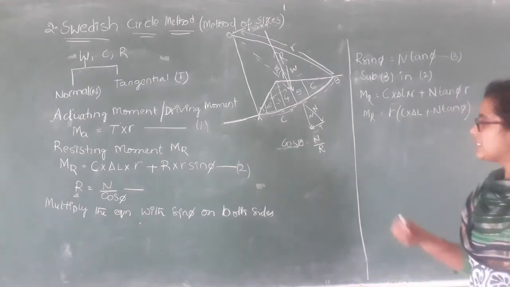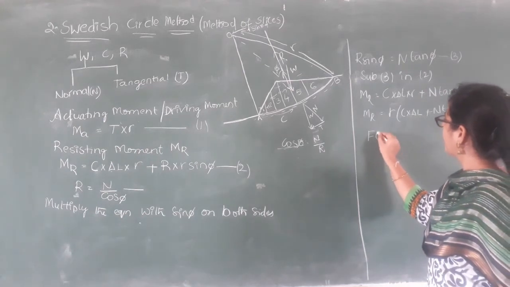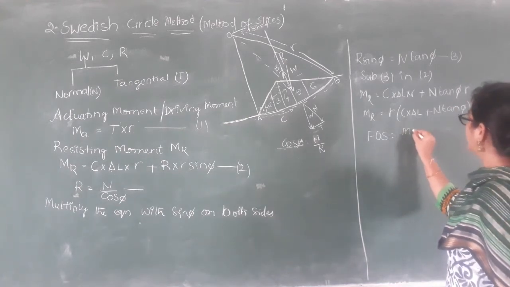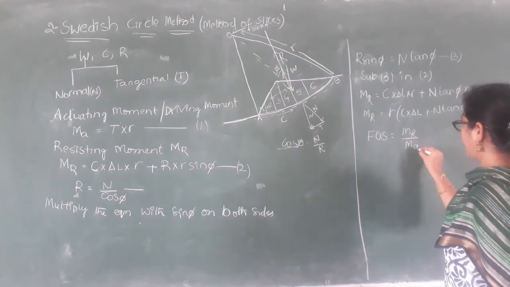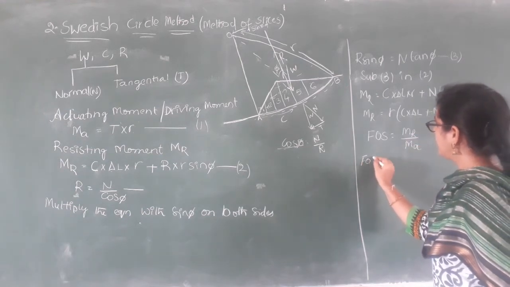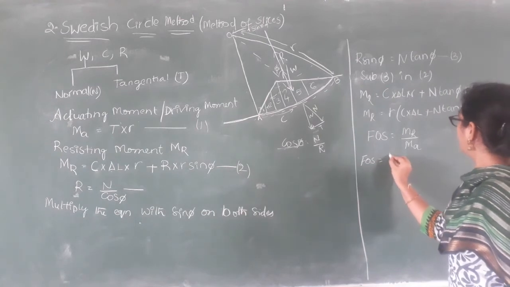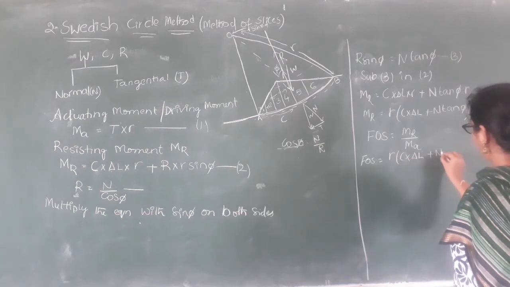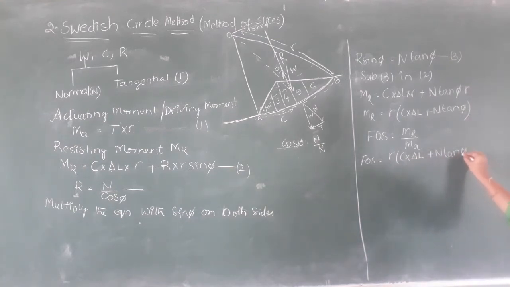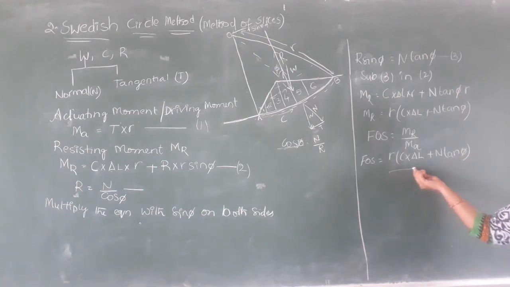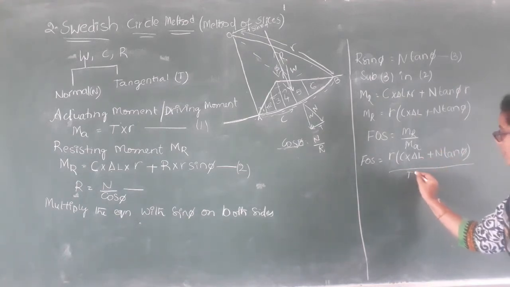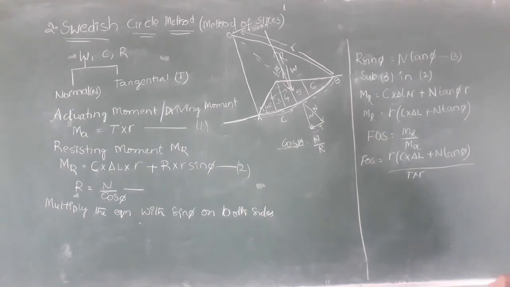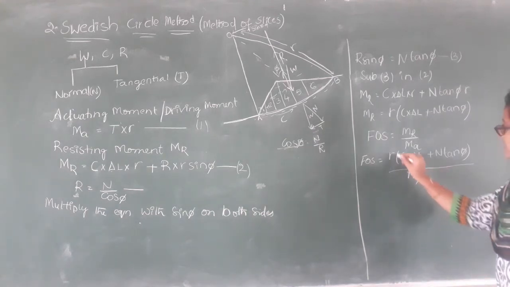So what is factor of safety? Resisting by causing. So MR by MA. So factor of safety is equal to R into C delta L plus N tan phi by T into R, causing or the actuating moment. So we can cancel this.